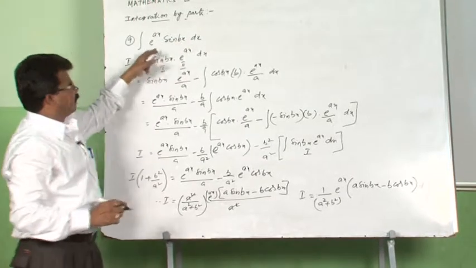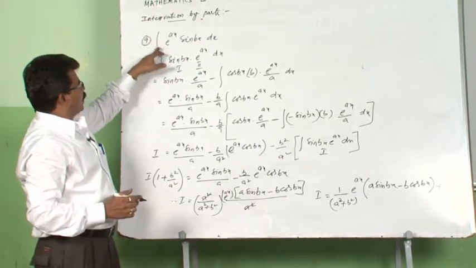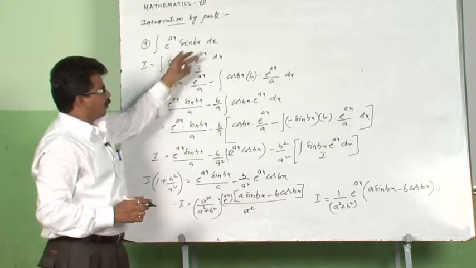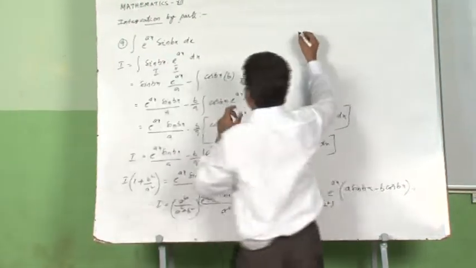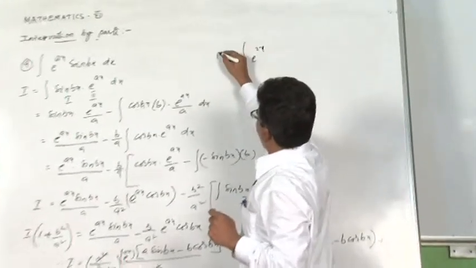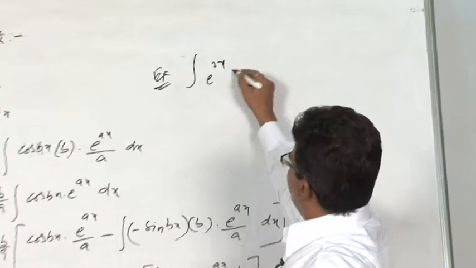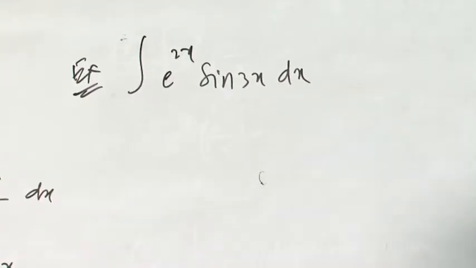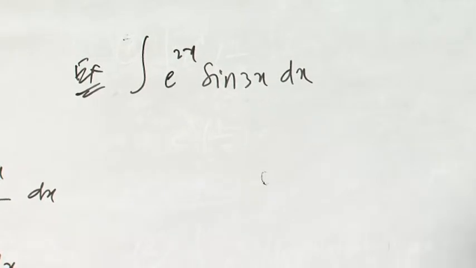So this will be the solution for the integration e power ax into sin bx dx. In the same way, the question can be like this, integral e power ax cos bx dx also. Not only this, in competitive examinations, if the question is given e power 2x sin 3x dx, using this also you can write the answer. You can remember this as a formula also in the competitive examination.